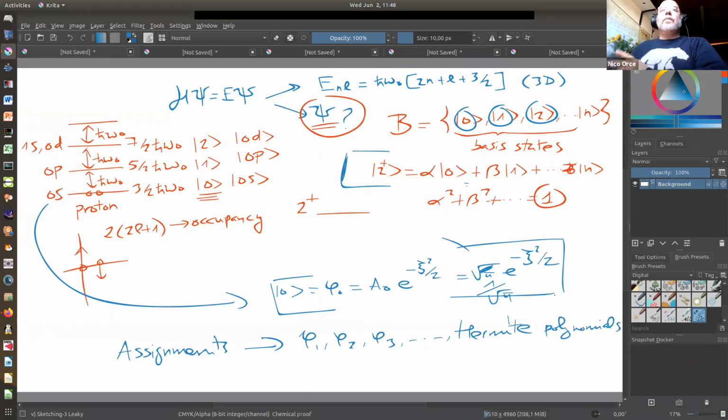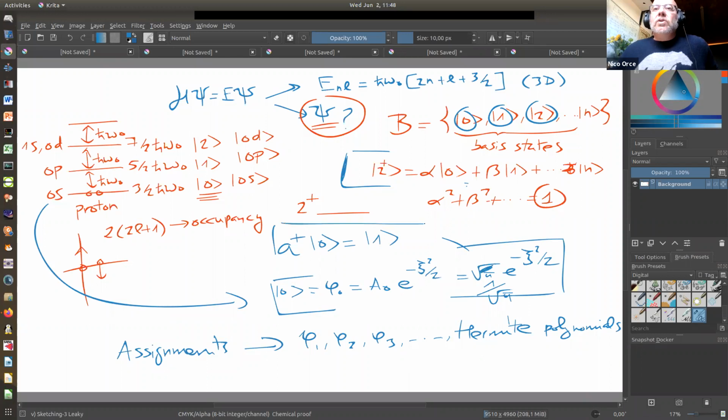This must be clear, right? So we use the annihilation operator on the ground state, because that we know is going to give us 0. And now we are applying the A dagger onto 0, because this is going to give us 1, right?